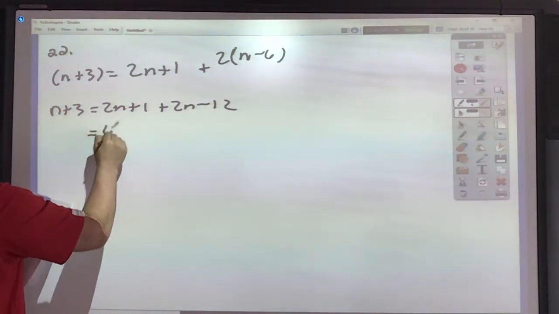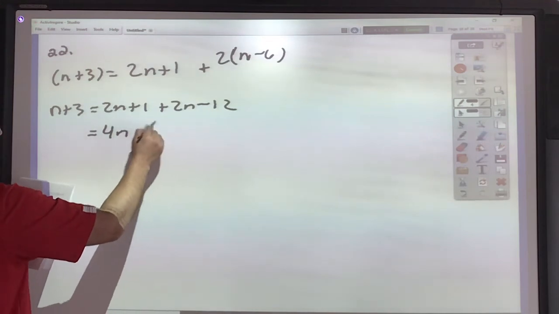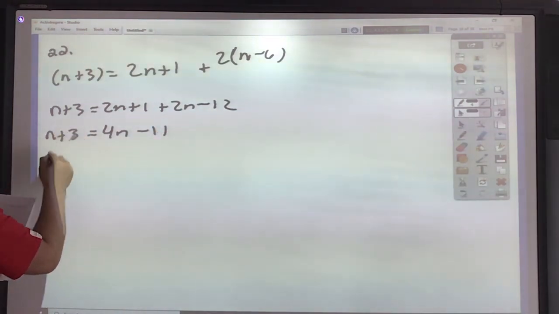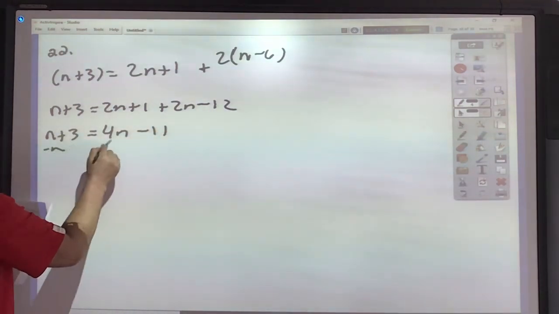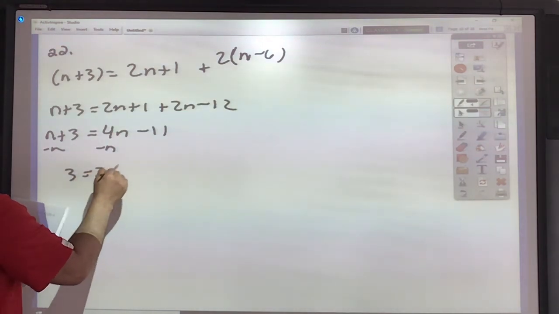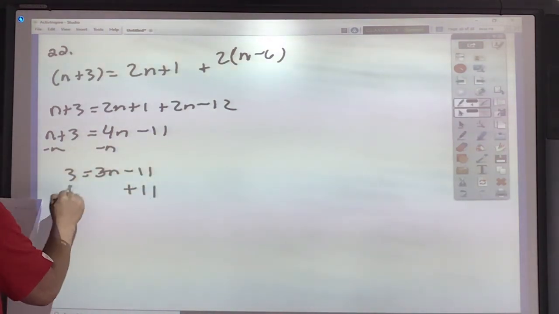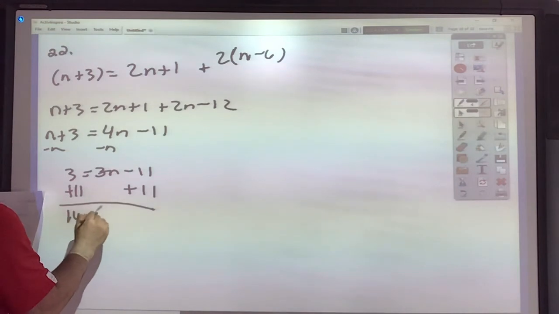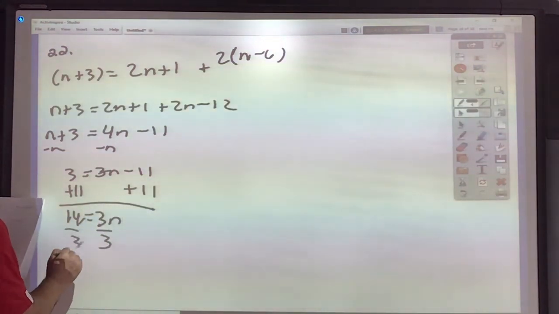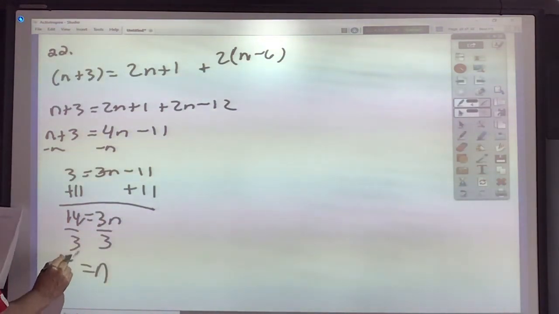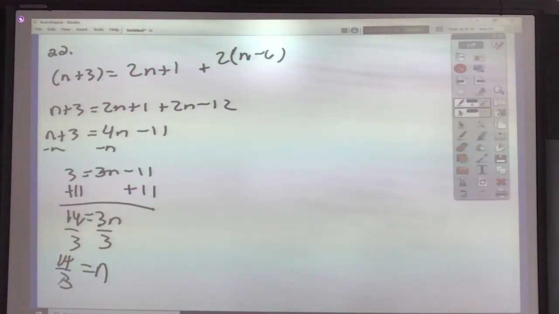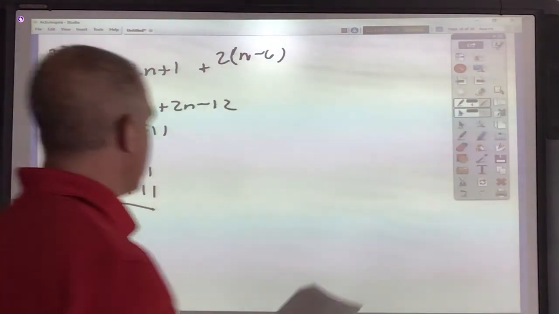I would have 4n minus 11, okay? Subtract n, that's 3n minus 11, add 11, that's 14 equals 3n, divide by 3, all right, n is 14 over 3, okay? Pretty simple there, okay? All right.